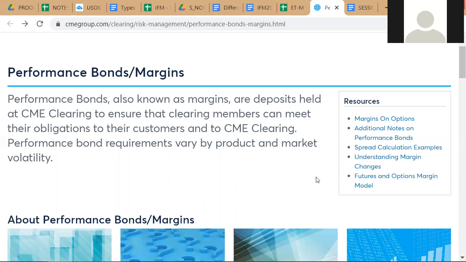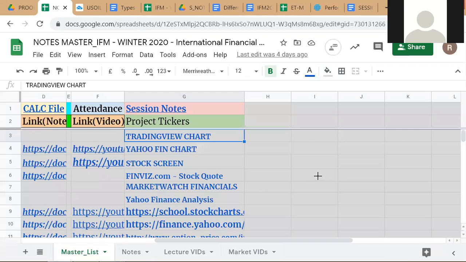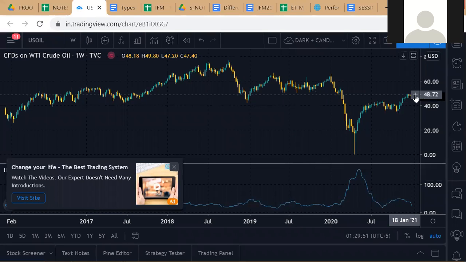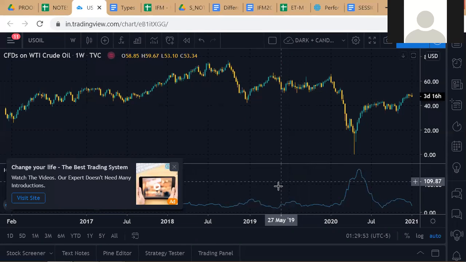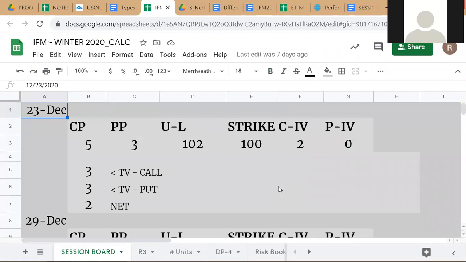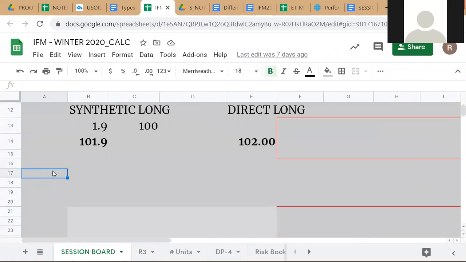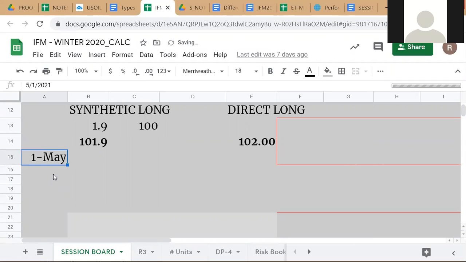Okay, so for instance, if you see the value here, this is now around say 47.5. So this crude oil contract is around 47.5. Today's date is 1/5.